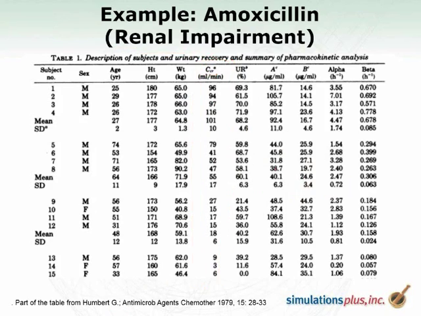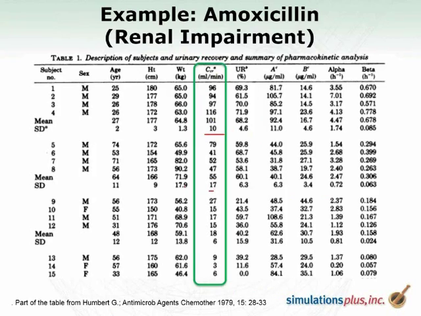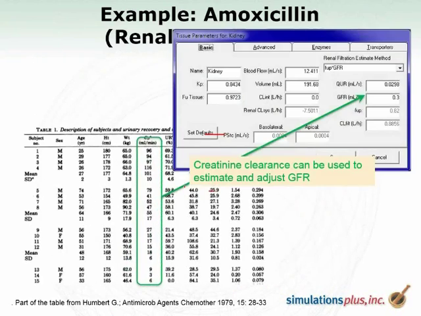So taking the creatinine clearances for individual groups of subjects, we can turn these into estimates of GFR in each of these groups of subjects and simply adjust the GFR from the healthy subjects into the excretion in the kidney or into the urine. This would account for passive excretion alone.